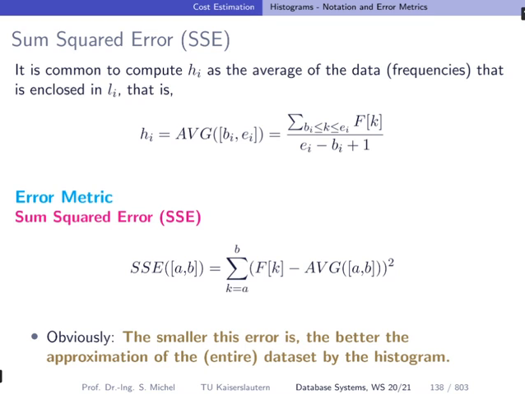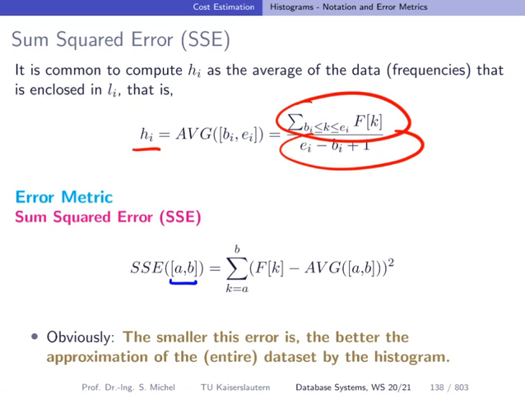For completeness, let's write down the equation for the average value hi for an interval. This is simply the sum of the frequencies divided by the width of the bucket, as I already mentioned earlier. And now we can specify a popular error metric, which is called the sum squared error, SSE. The SSE for a certain interval, with a starting and ending value, is defined as the sum over the values inside this interval.